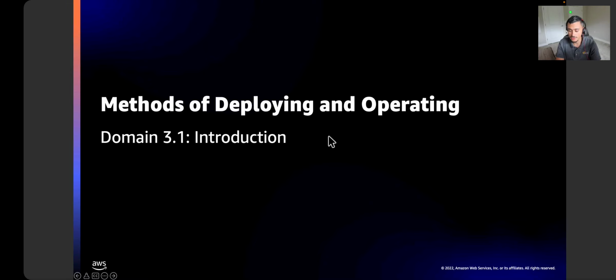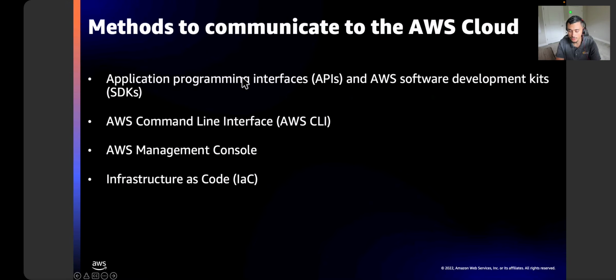So we'll talk about methods of deploying and operating, and really the three primary methods. There's 4 listed here, but the 3 primary methods which you would use to interact with services in your account are through the management console, right? So again, the management console is our web-based interface that gives you a user-friendly way of interacting with any service that you need and deploying resources in the region that you choose, right?